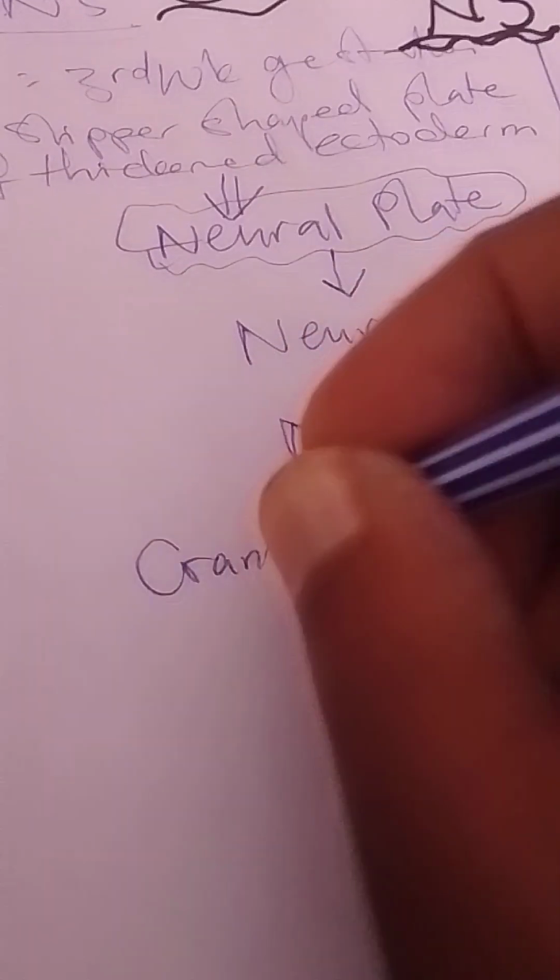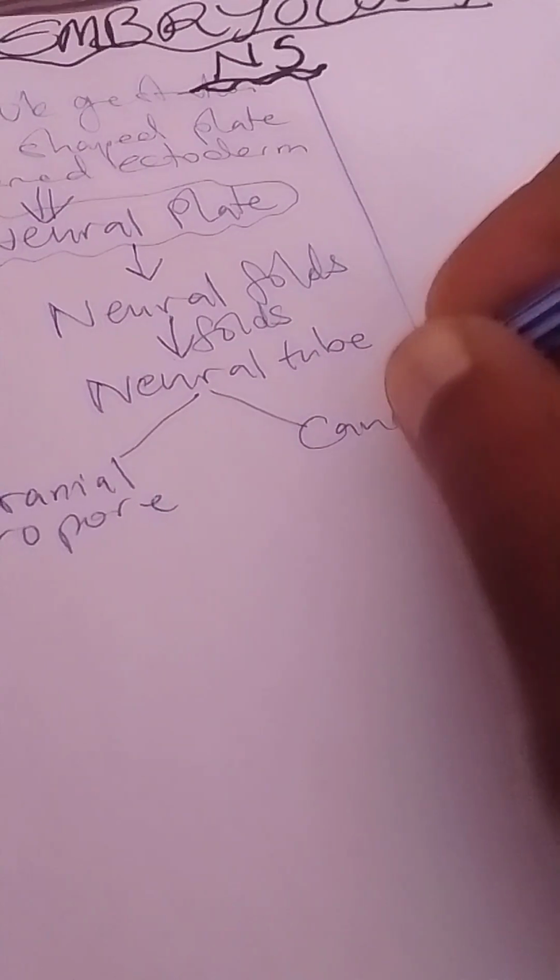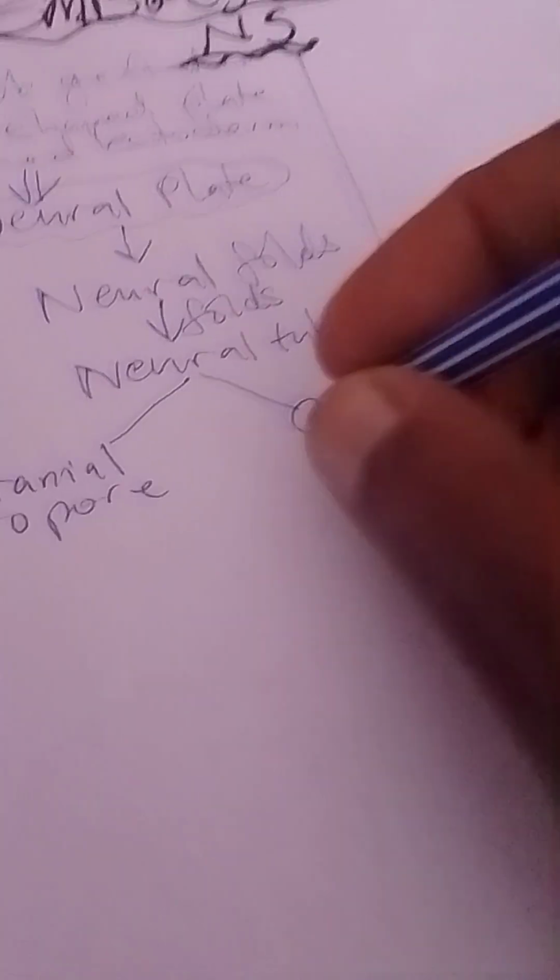And when they fold, they will form a narrow tube that is known as a neural tube. And that neural tube is very important because it's going to give us two things. The first one is a cranial neural pore, and the second one is a caudal neural pore.